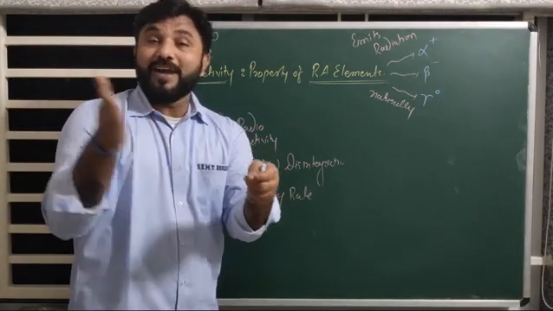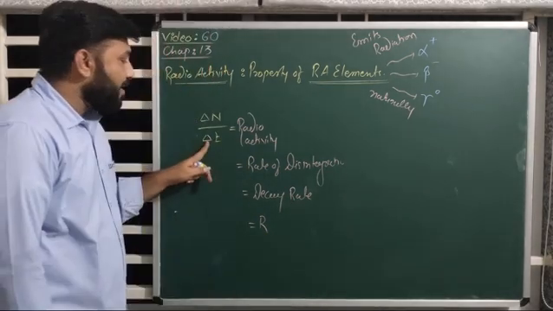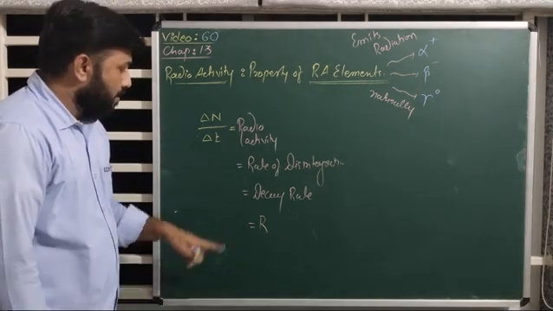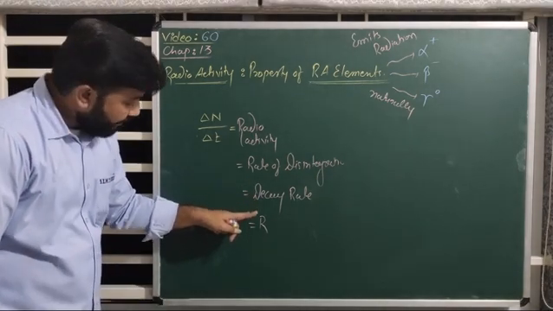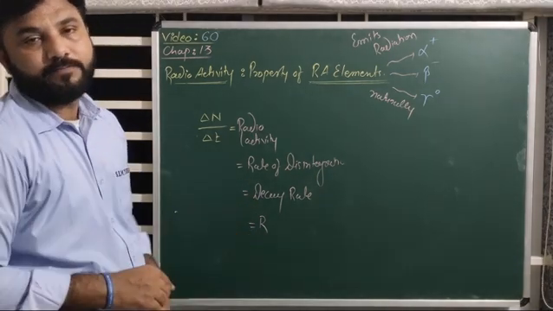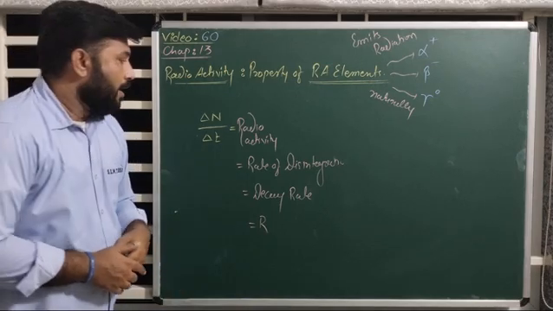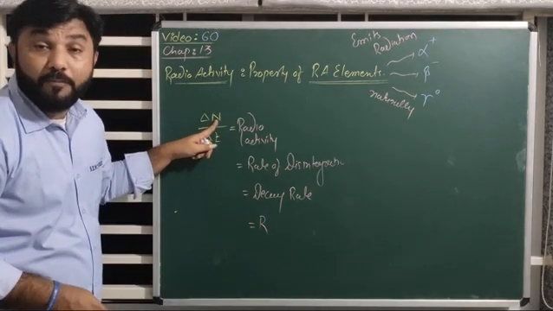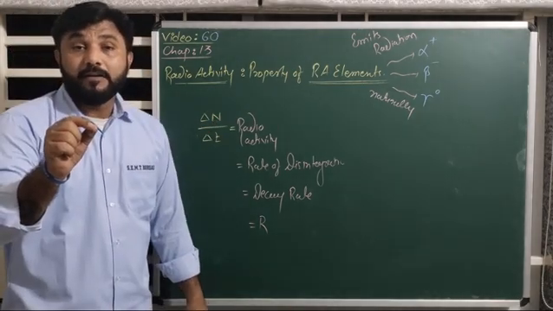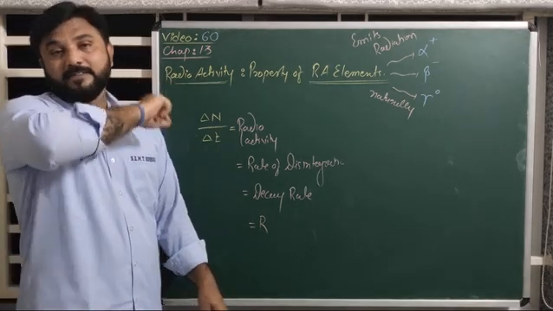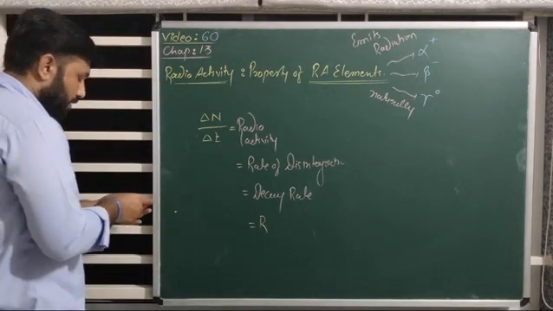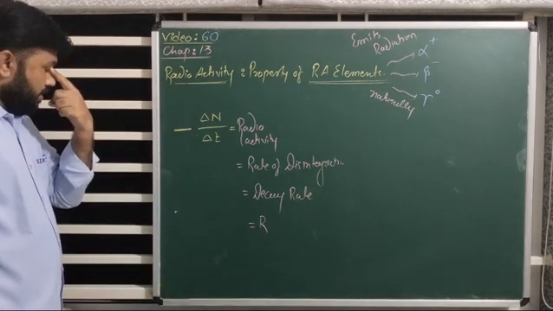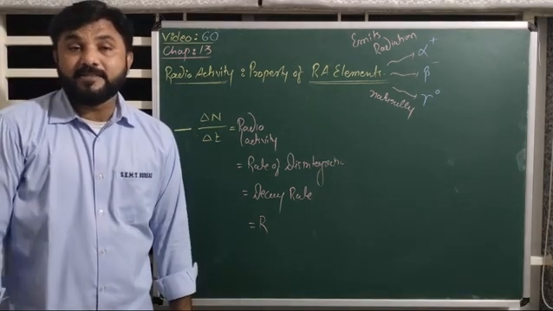The number of nuclei that disintegrate per unit time is known as the rate of disintegration or decay rate, having symbol R. Clear? Due to this emission, the number of nuclei decreases, because of that we have to take a minus sign here.